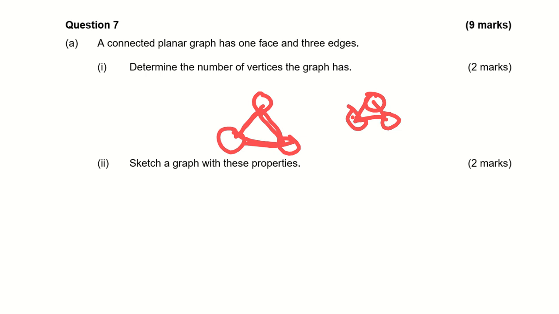I don't have to jump, right? This one is not a connected planar graph because literally I can go here, but then I can't get there. I can go here, but I can't get there. So that's disconnected. So I hope you understand that.